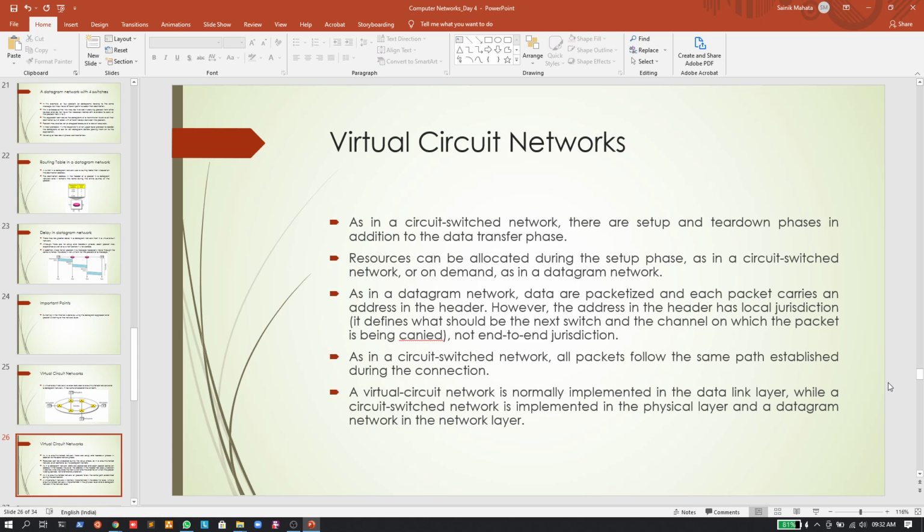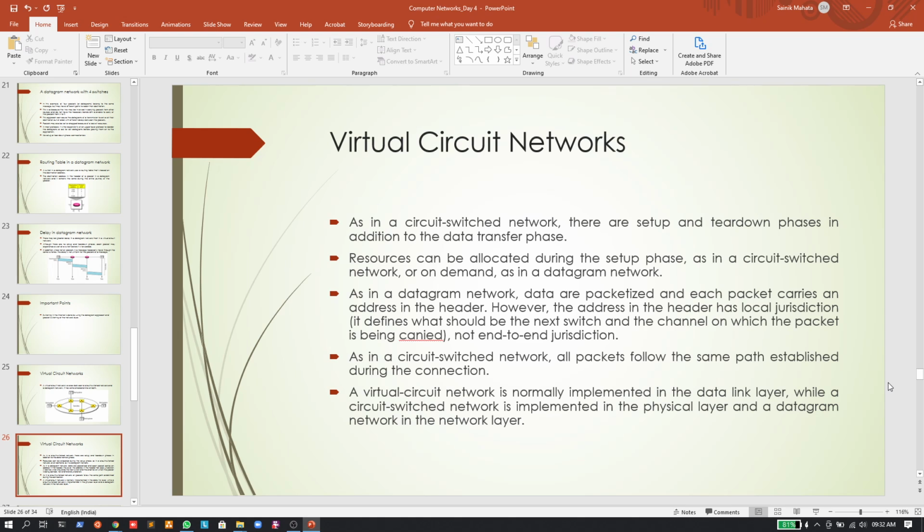Now if I give you an example, if you have used landline phones, whenever we dial some number there will be various beep sounds before the number gets connected. That beep sound is nothing but the setup phase.